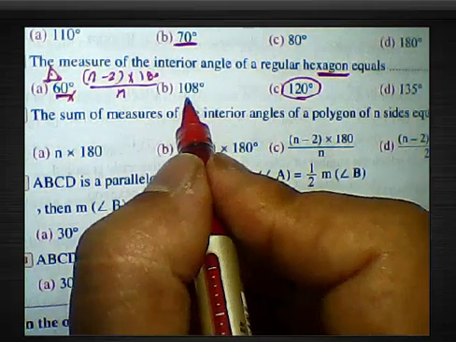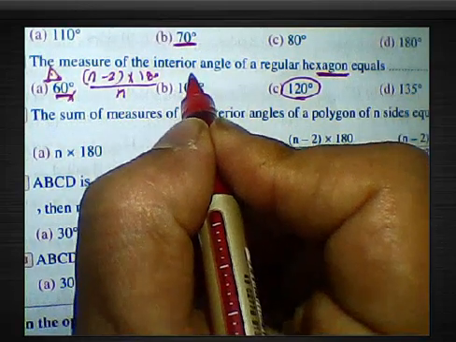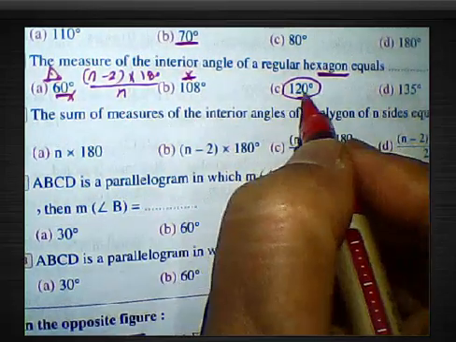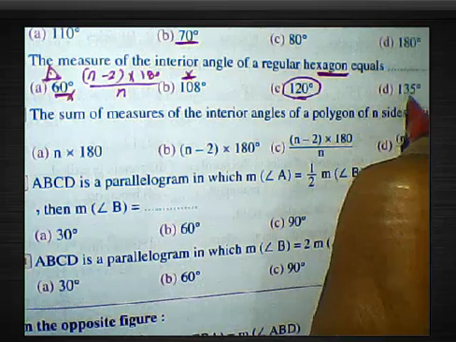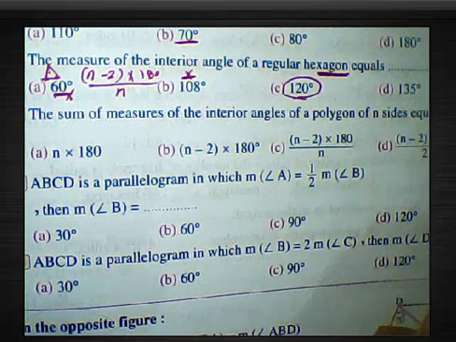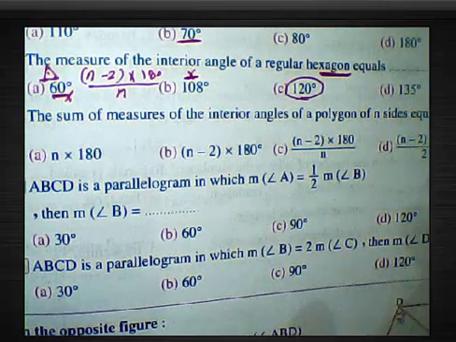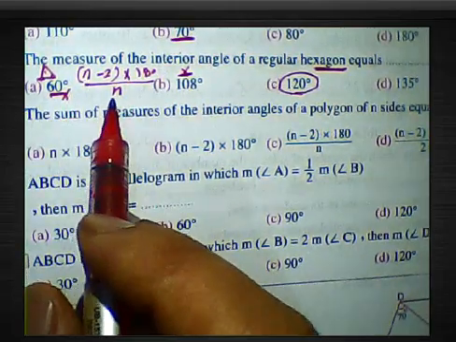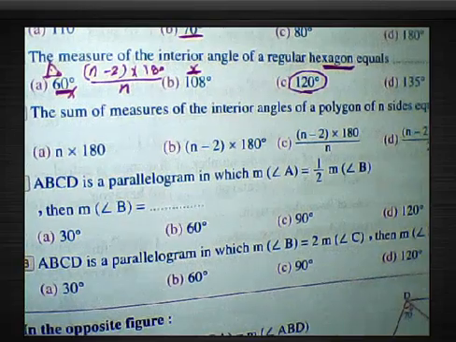And 108 if we have a pentagon. Okay, so we must choose letter C. And 135 if we have more sides, such as 8 sides. 8 minus 2 times 180 divided by 8, it will be 135.